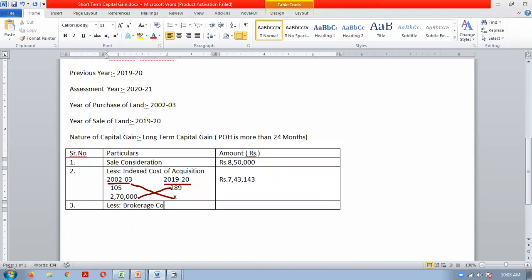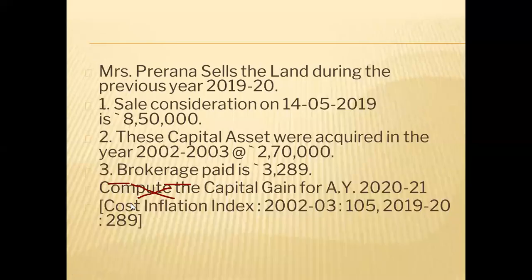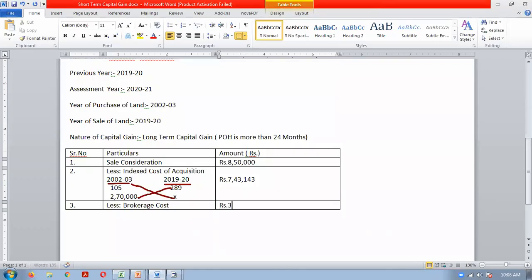Brokerage cost is how much? Rupees 3,289. So now we will get the long-term capital gain here. Do the reduction, you will get the calculation. Everybody calculate this, you will get the long-term capital gains.